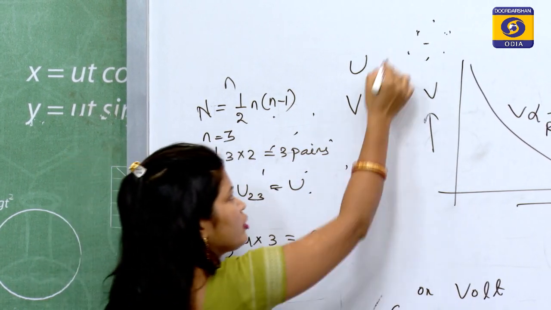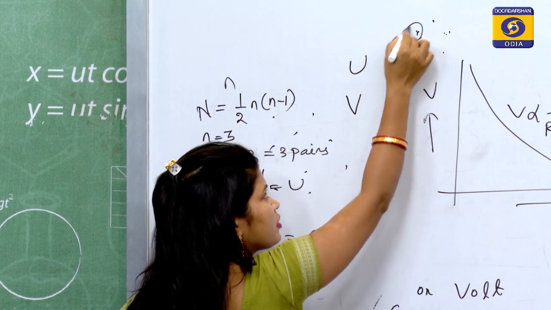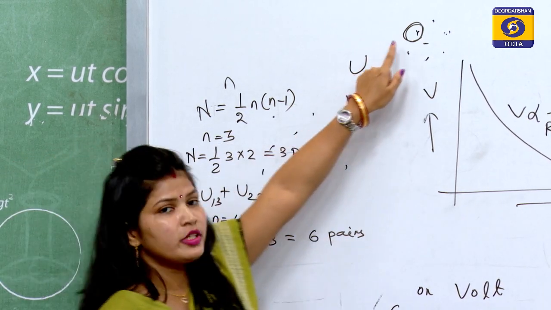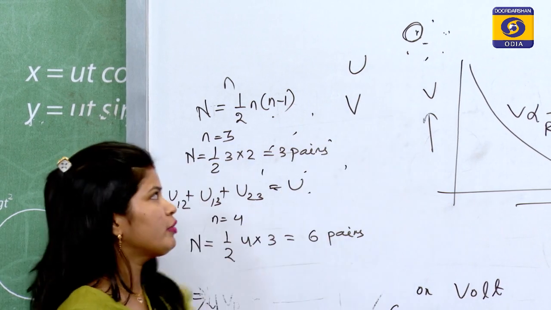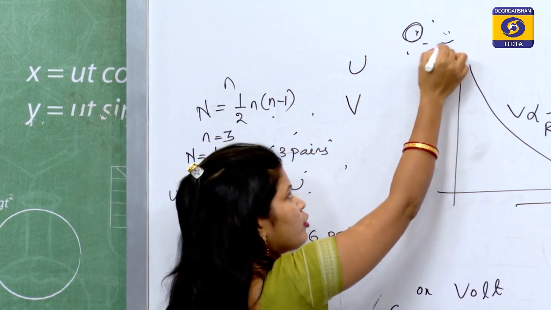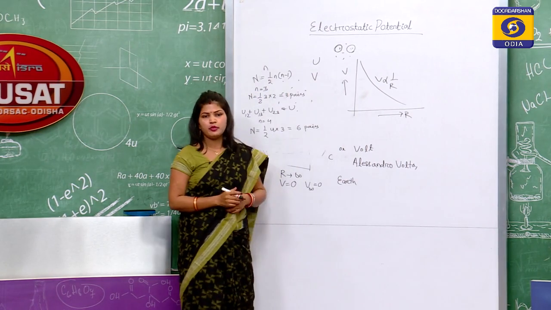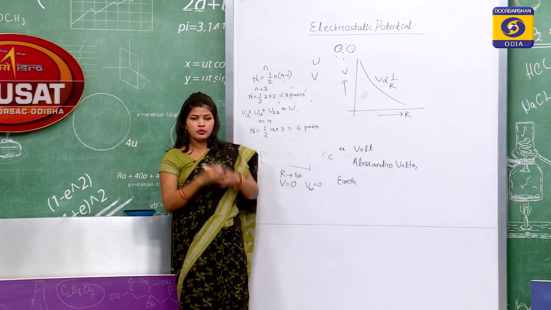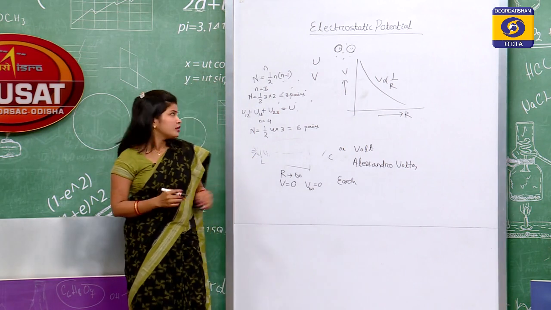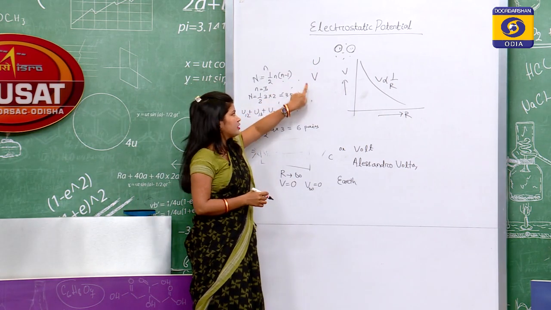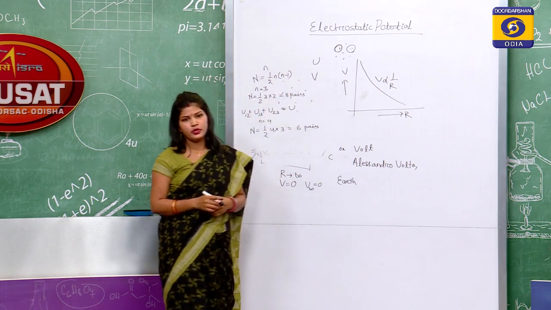That means, when you are very close to a positive charge, you will get positive potential, and when you are very close to a negative charge, you will get negative potential. So, do not confuse the two terms, electric potential energy and electric potential.